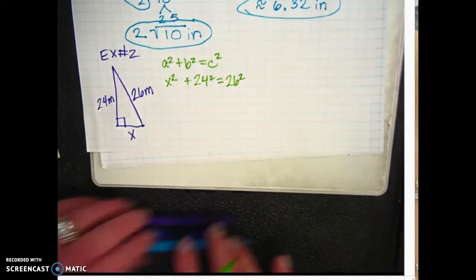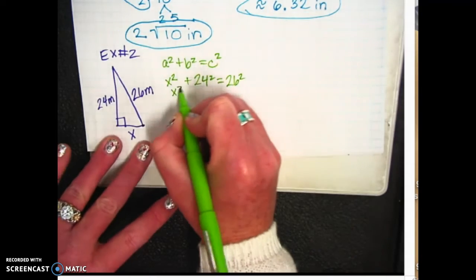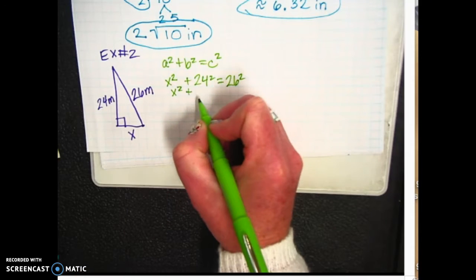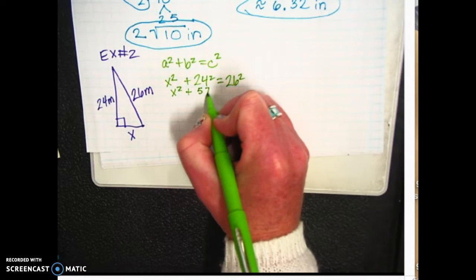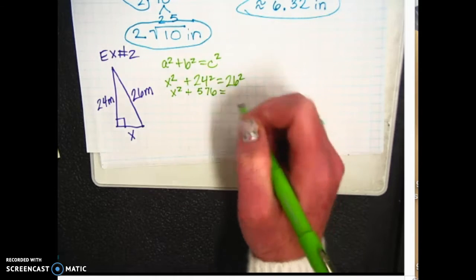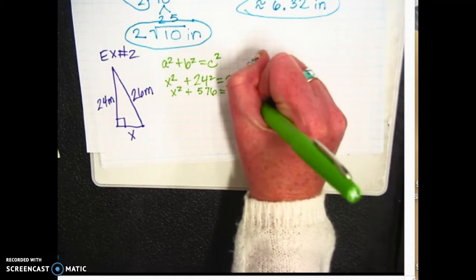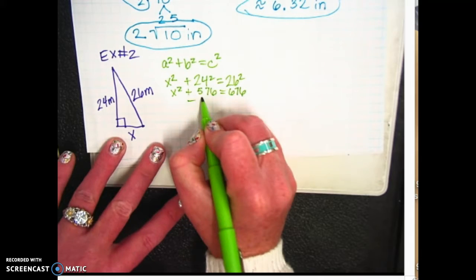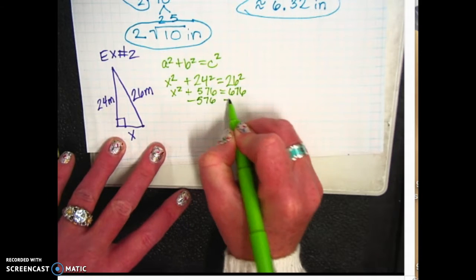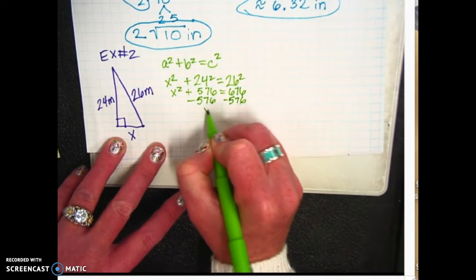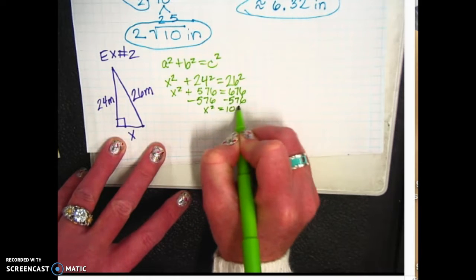Okay. Then we're going to do some calculator work. So you punch in 24 and square it, you should get 576. Punch in 26 and square it, you should get 676. Subtract the 576 from both sides. You get x squared equals 100.